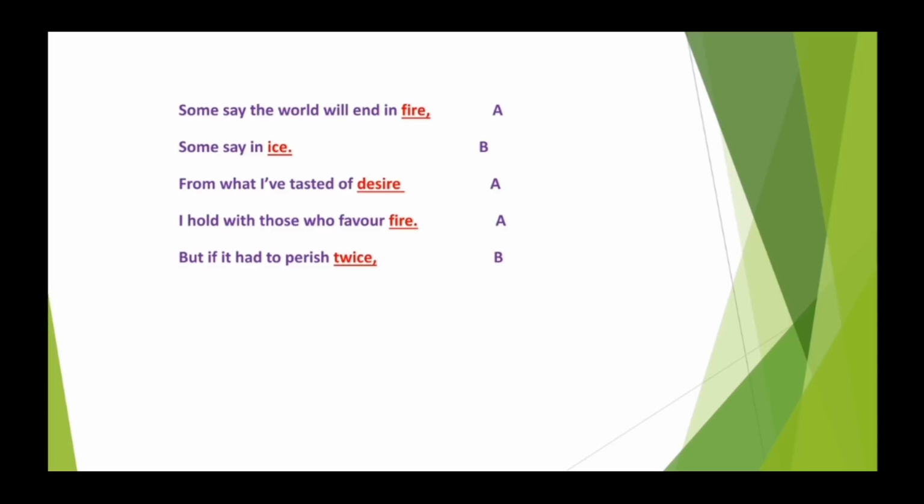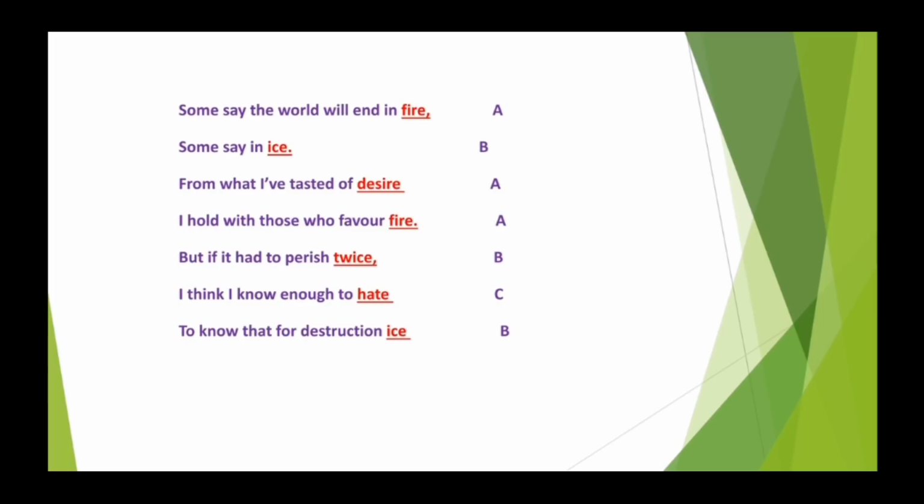But if it had to perish twice. Now the last word of this line, twice, is matching with the second line's last word, ice. So we will write B. I think I know enough to hate. Now hate is not rhyming with any of the words, so we will write C. To know that for destruction ice. Ice is rhyming with twice.